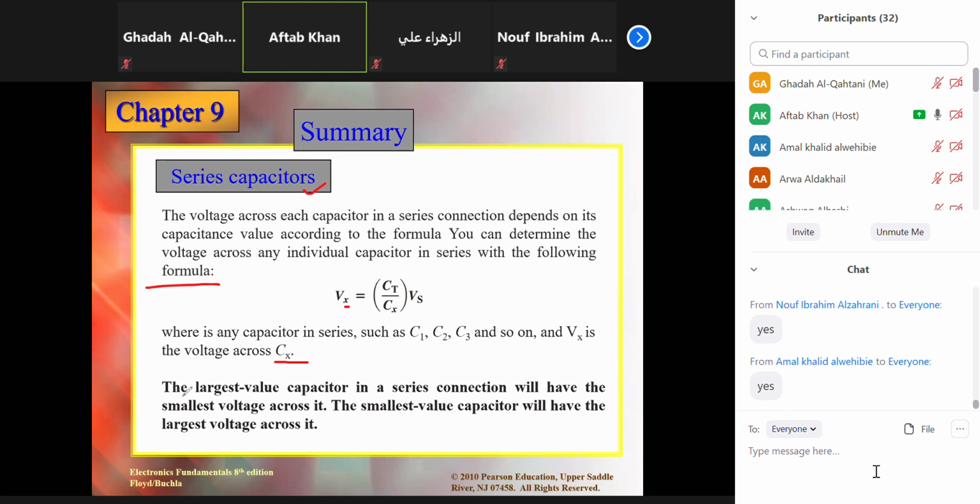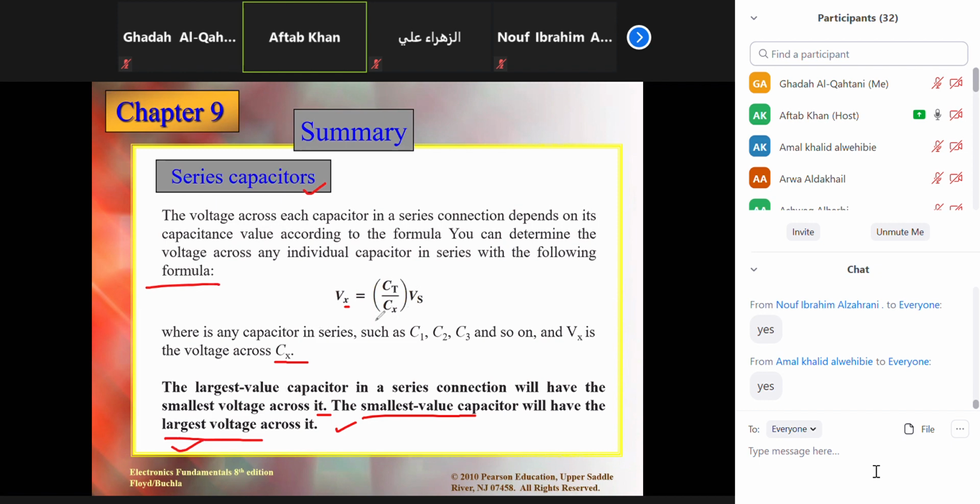So the larger value capacitor in series connection will have the smallest voltage across it. The smallest value capacitor will have the largest voltage across it. This is opposite to the concept you know for resistance, where the smaller value resistance has the smaller voltage. Here the smaller value will have larger voltage and the larger will have smaller voltage.